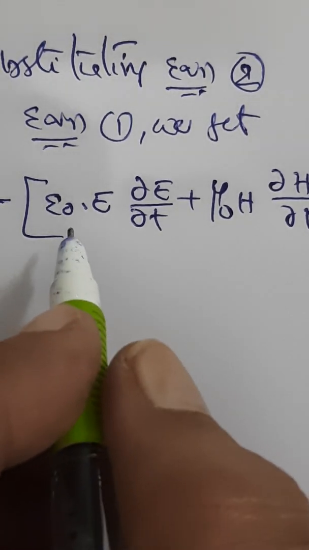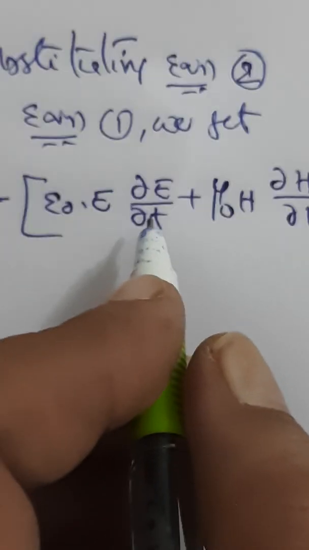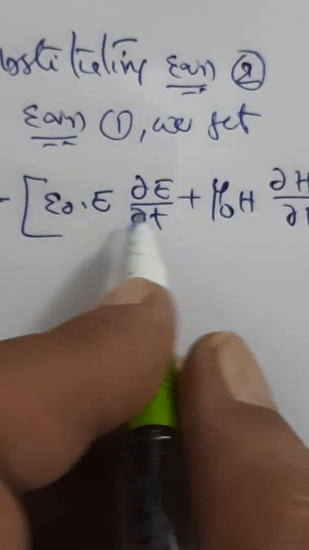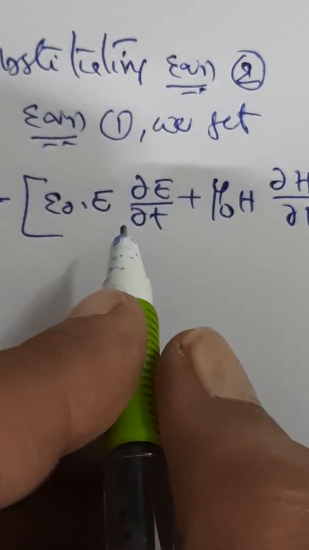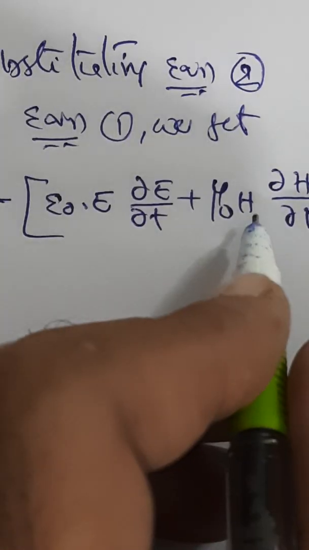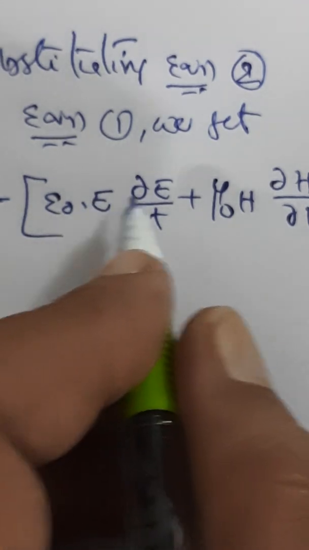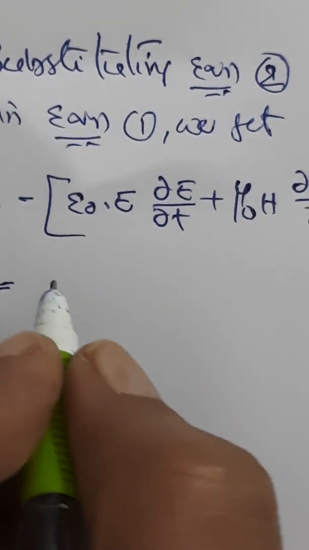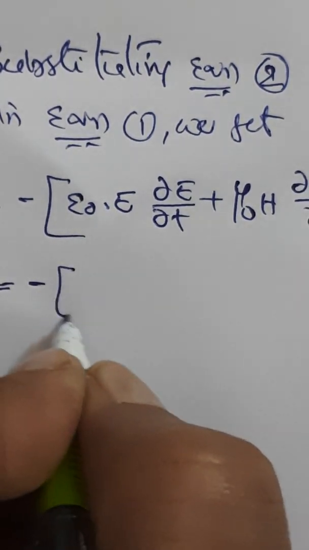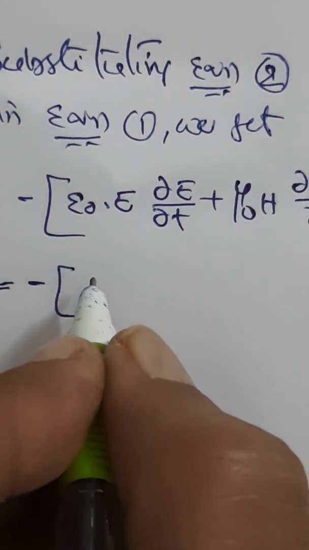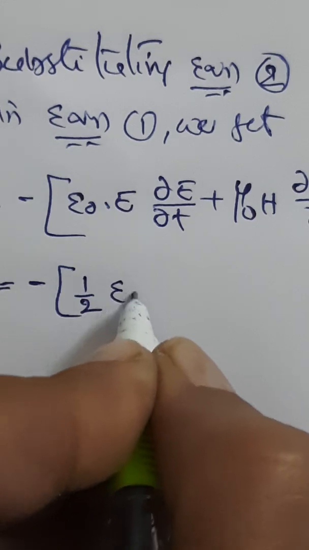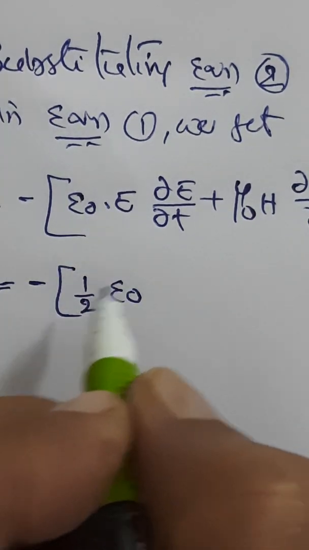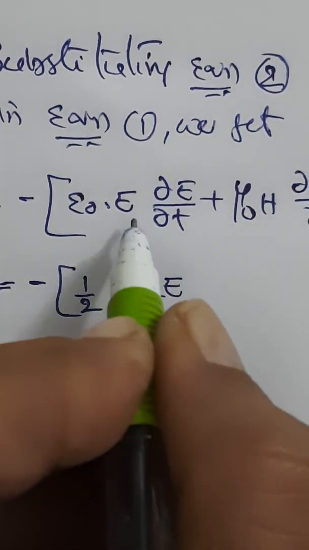Just multiply by half on either side, like 2 by 2, to multiply this. By multiplying the entire expression by 2 by 2, I can write it as, this is an adjustment to derive an equation, minus half into epsilon naught. To eliminate this, I will write 2E.